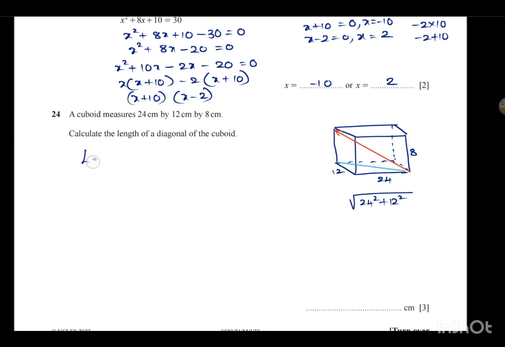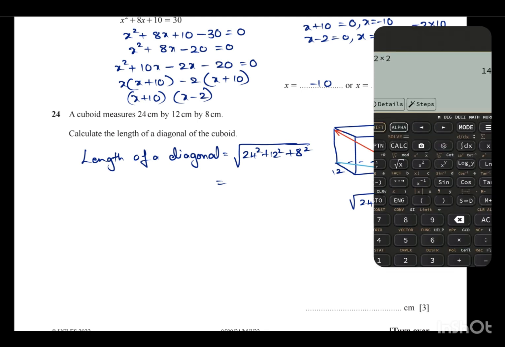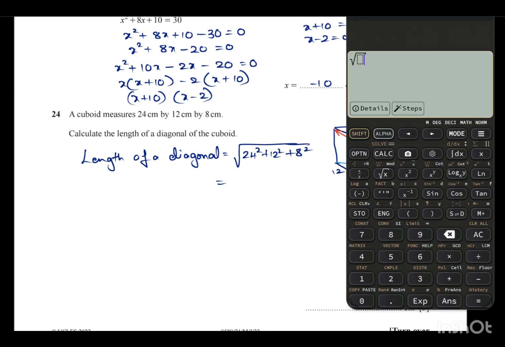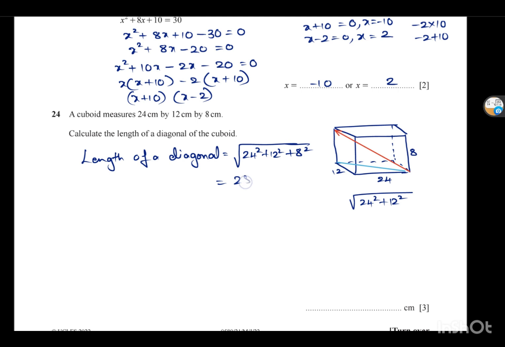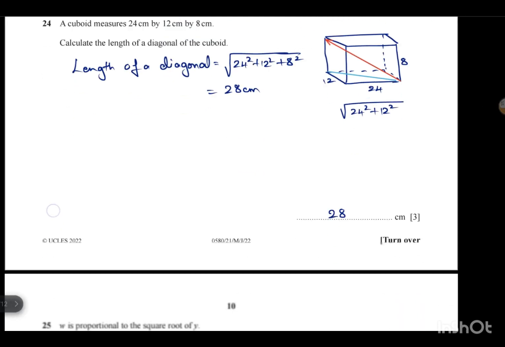So write down, length of a diagonal is equal to square root of 24 square plus 12 square plus 8 square, which is 28. So 28 centimeters is the answer.